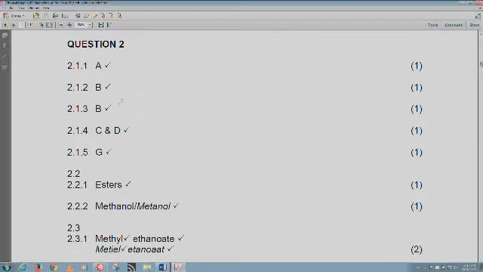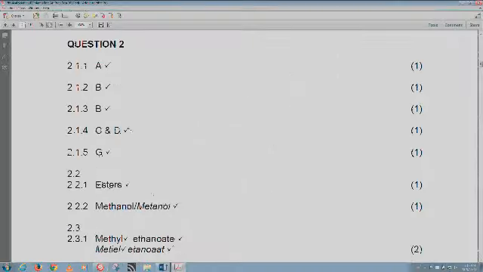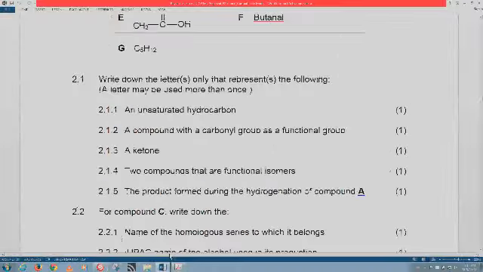And the answer there is B. It's a tick and then 1 mark to the right-hand side. Then the next question was a letter that represents a ketone, and that letter is also B. It's 1 mark.